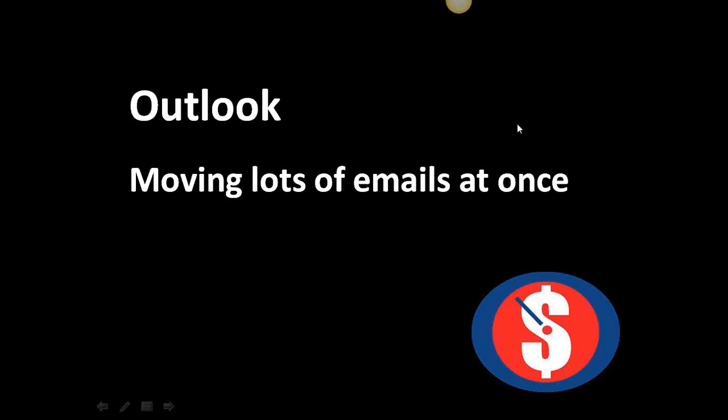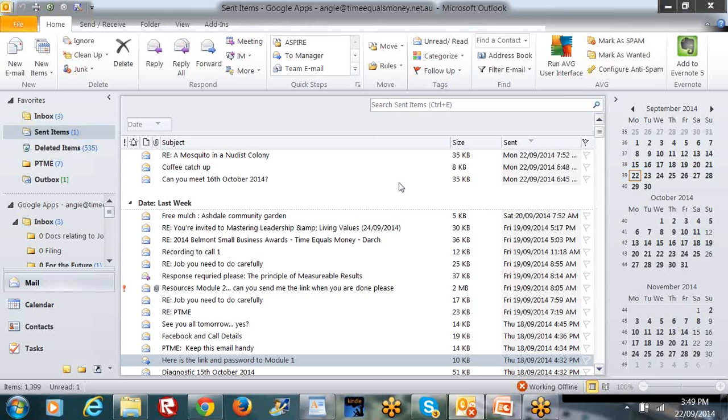Now, some of you, when you're going through your inbox, may have lots and lots of emails to file and go through. So there's a very quick way to do that, and I'm going to show you how to do that now. Okay, so just say you've got thousands of emails in your inbox. You're not going to go through all of them.